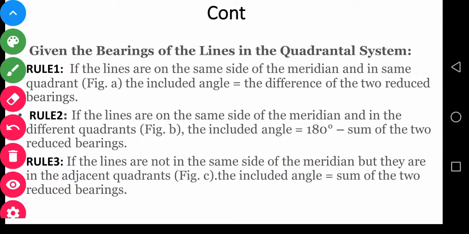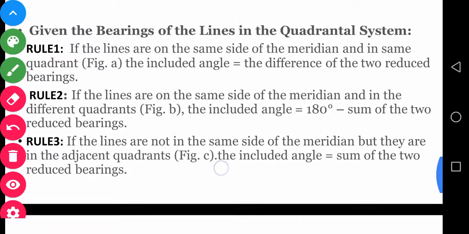If the bearing is given in the quadrantal system and rule 1 is followed, the included angle will be the difference of the two reduced bearings, but the condition applies that both lines are on the same side of the meridian and in the same quadrant, as we have seen in the figure.